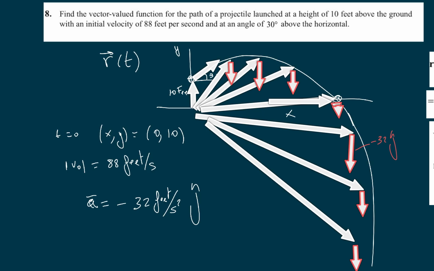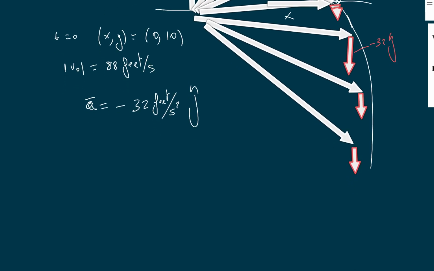So the problem says, if you have the acceleration, can you find the velocity vector? For sure, we have done this before. So now let's do it. a is minus 32 feet per second squared j. But a is the derivative of v with respect to t. So dv is minus 32 j dt.